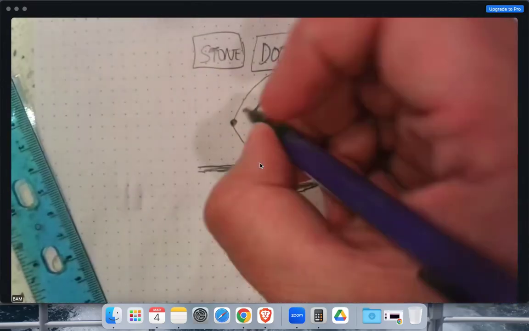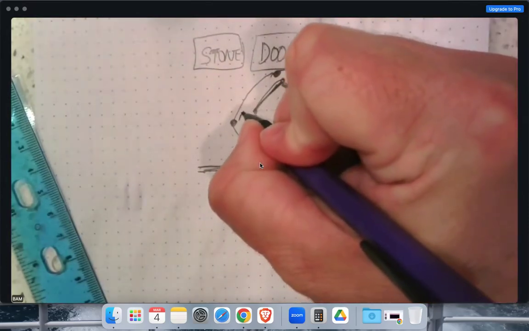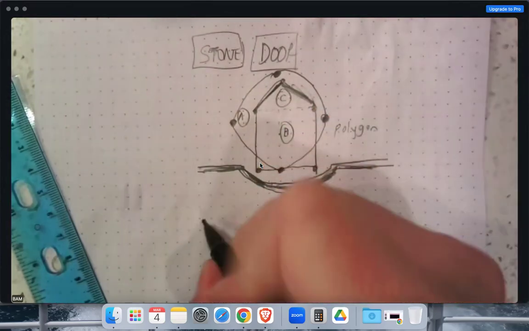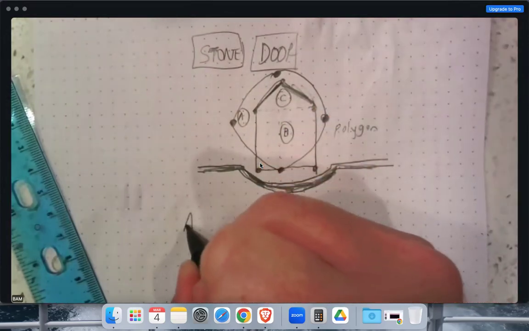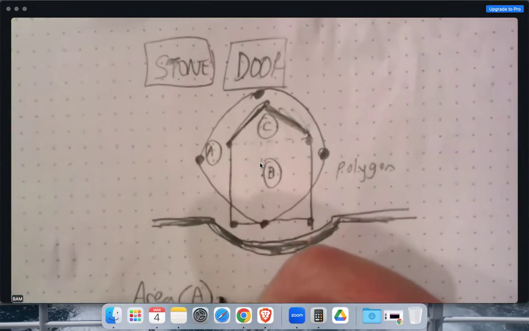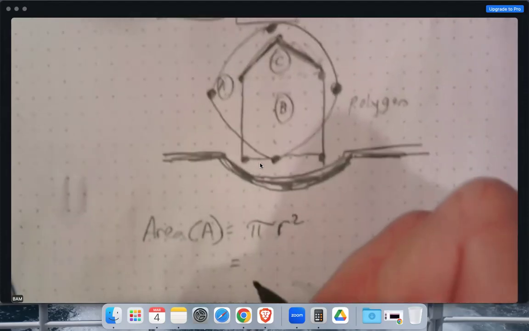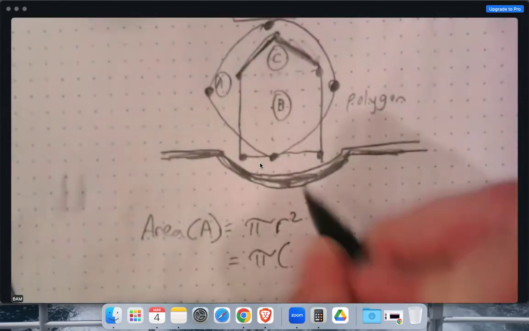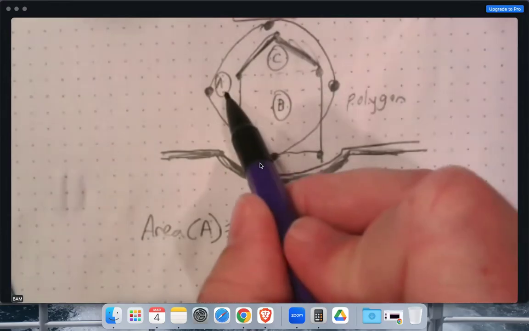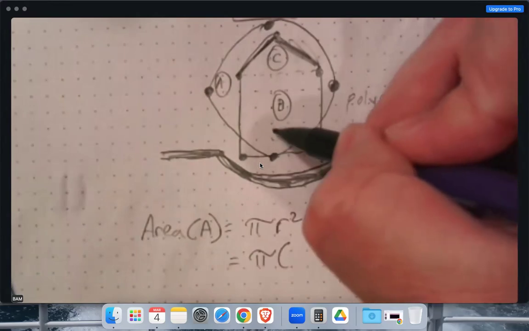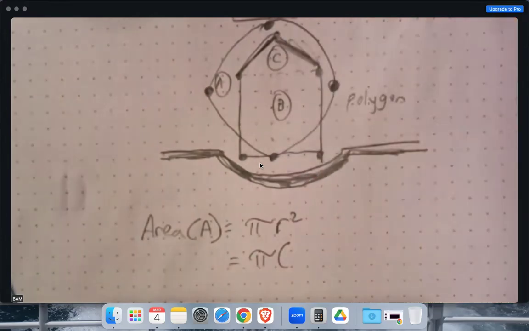and we have regions A, B, and C. And the area of A is pi r squared, which is pi times half the diameter. So the diameter is 8 somethings, and my niece lives in the US, so she knows more about feet.